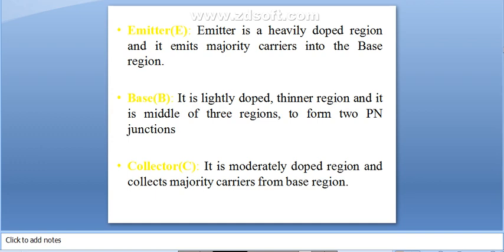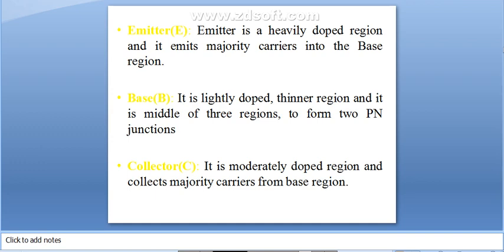The function of the emitter is to emit the majority carriers into the base. The function of the base is to transfer the carriers from emitter to collector. The function of the collector is to collect the majority carriers from the base region. The base is lightly doped and very thin, so it passes most of the injected charge carriers from the emitter to the collector.